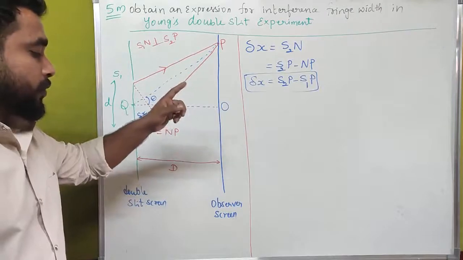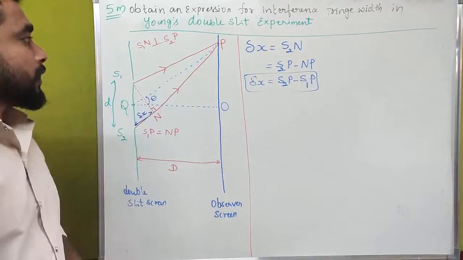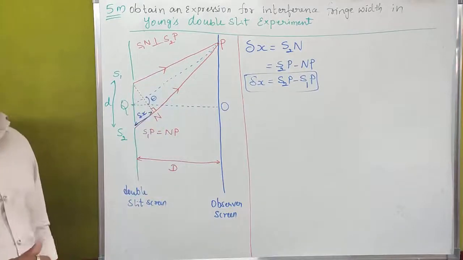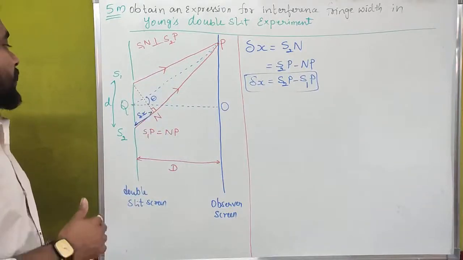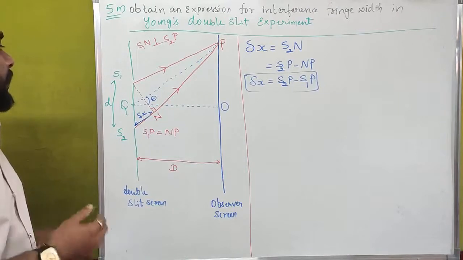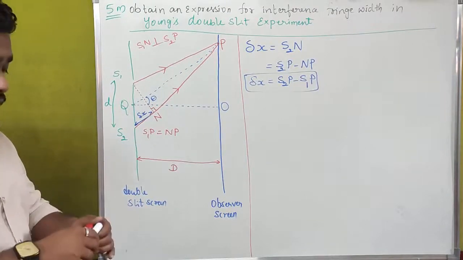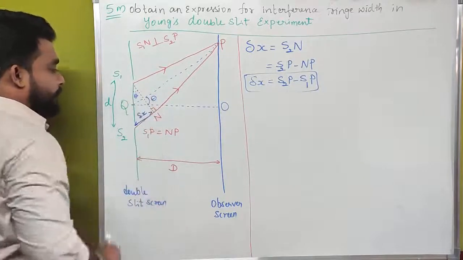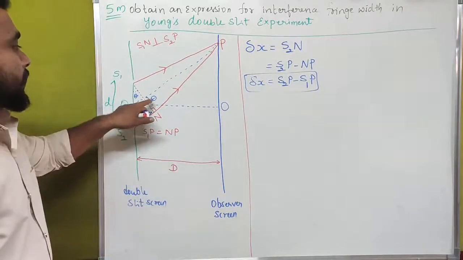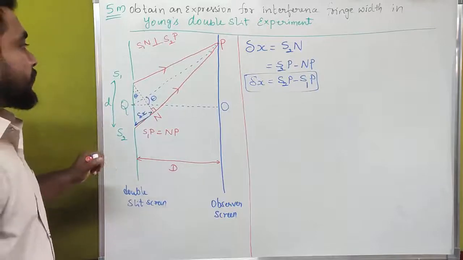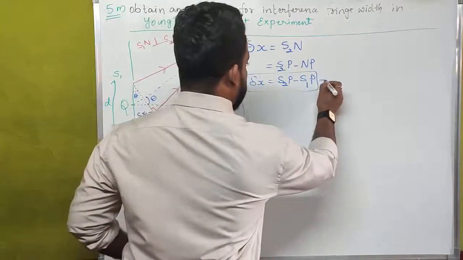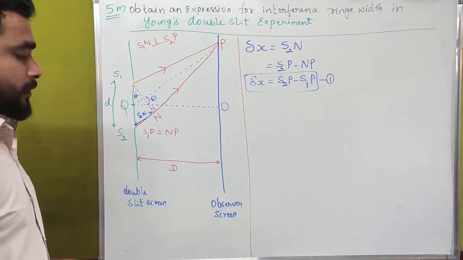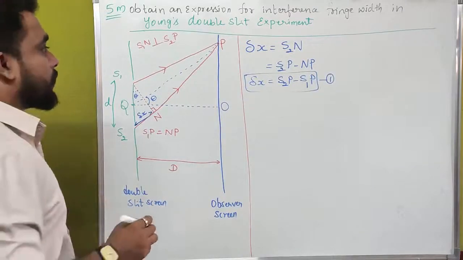Now we have to assume an equation for right angle triangles. Where our right angle triangles are is most important. Here also we get the angle theta. This is also angle theta, and here also we have angle theta. Let us assume S2P minus S1P as equation 1.